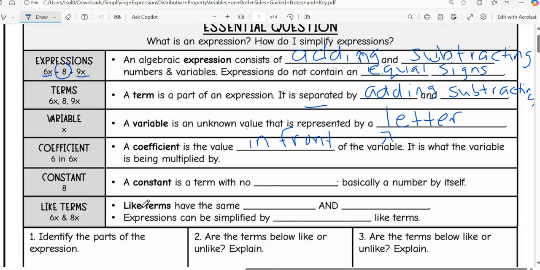Let's do the constant. The constant is a term with no letter, like the number 8. There's no letter in front of it. Now the next rule is that like terms have the same variable and exponent.